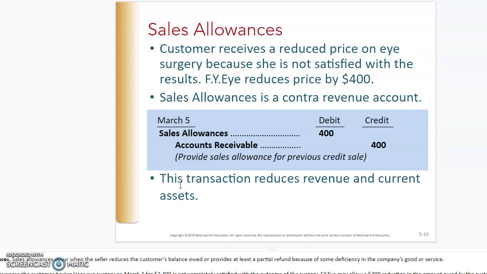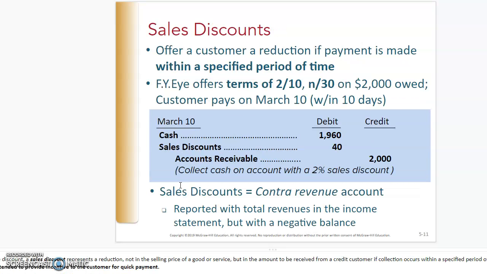Okay, again, sales allowances, same transaction, just different name of the account. Sales allowances is an expense account, goes up with a debit. Accounts receivable goes down with a credit. Okay? Sales discounts. Now, these are different than trade discounts.